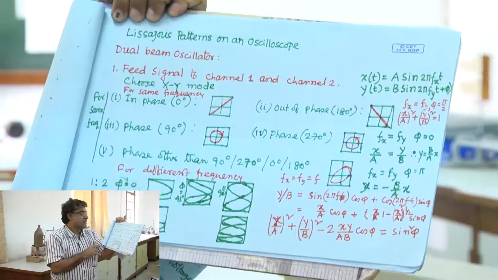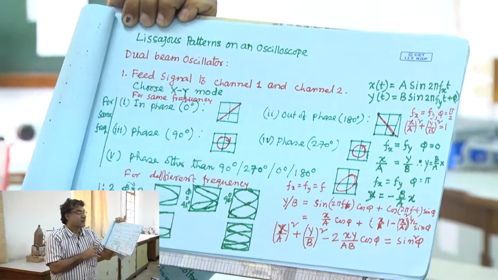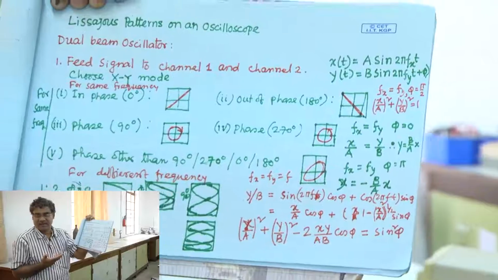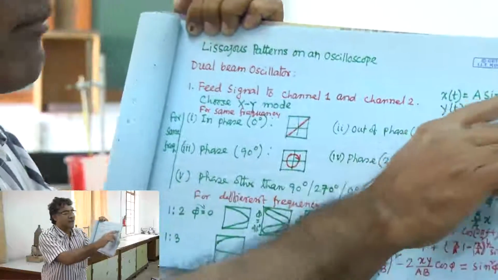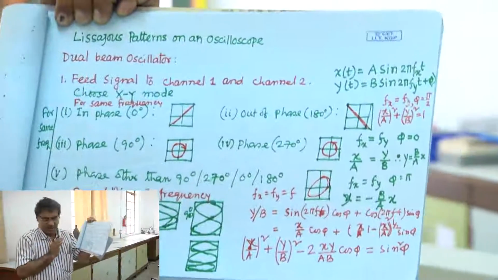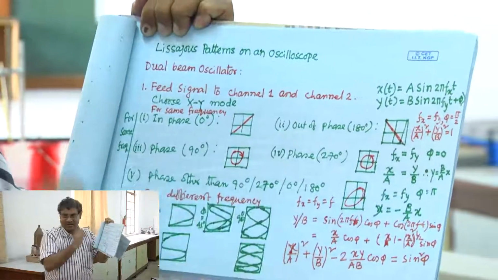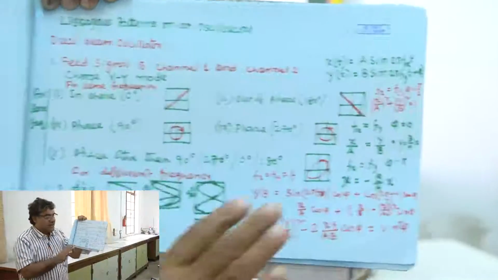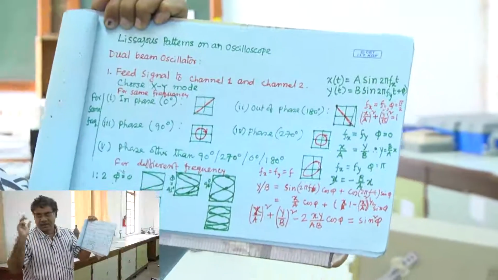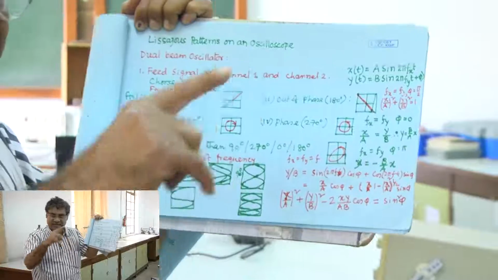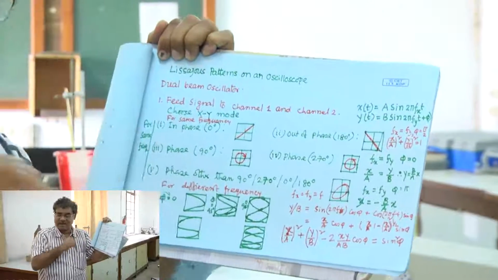Now here you can see that when you get the Lissajous figure, one signal you have to put along the x axis and another signal along the y axis. In a CRO, for a particular channel, whatever signal we are seeing, x is automatically the time axis and y is the voltage axis.